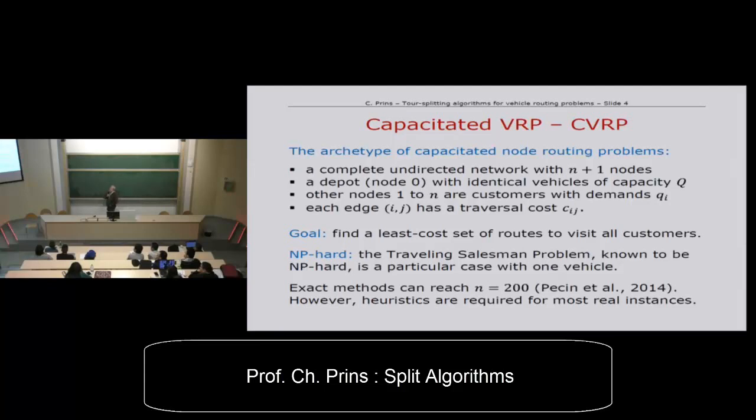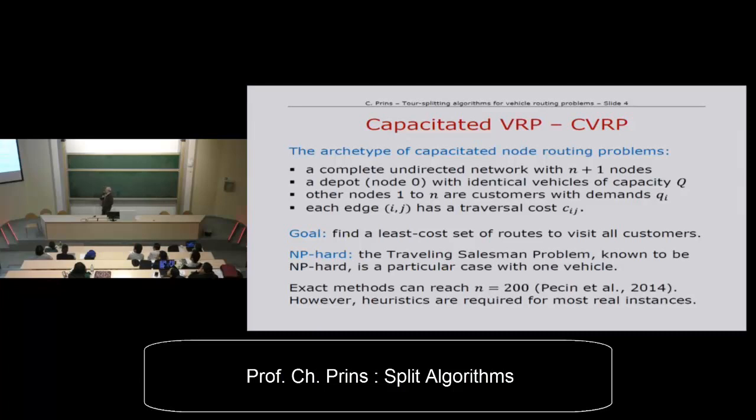In this talk, I will take as examples the capacitated VRP and the CARP. The capacitated VRP, or CVRP, is really a classical academic problem in vehicle routing. It's defined on a complete undirected graph with n+1 nodes.